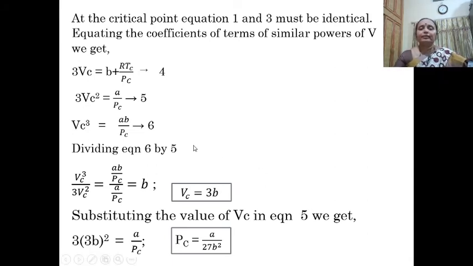At the critical point, equations 1 and 3 must be identical, so I am going to equate the coefficients of the terms which have similar powers of V. That is, 3Vc will be equal to b plus RTc by Pc, and 3Vc square will be equal to a by Pc.